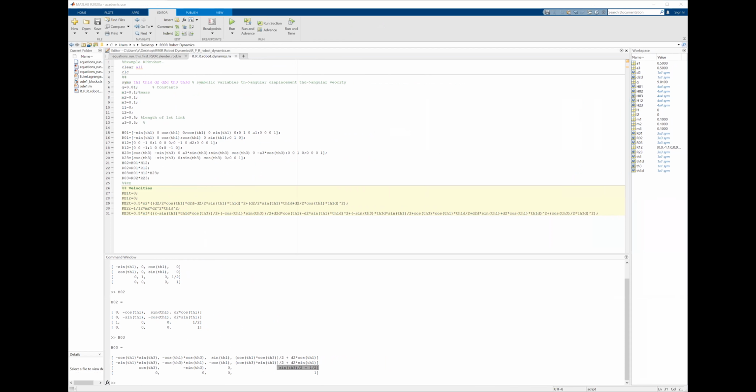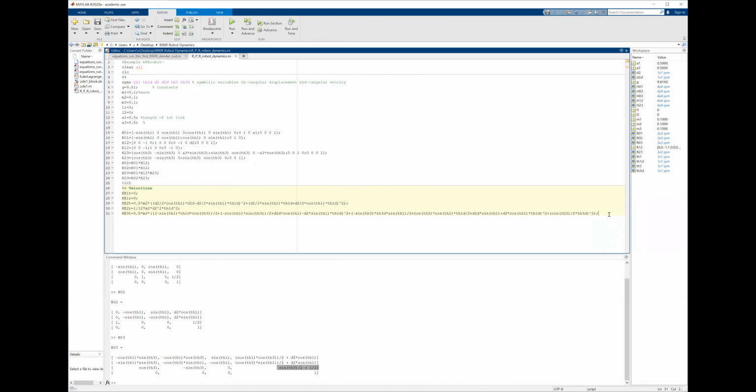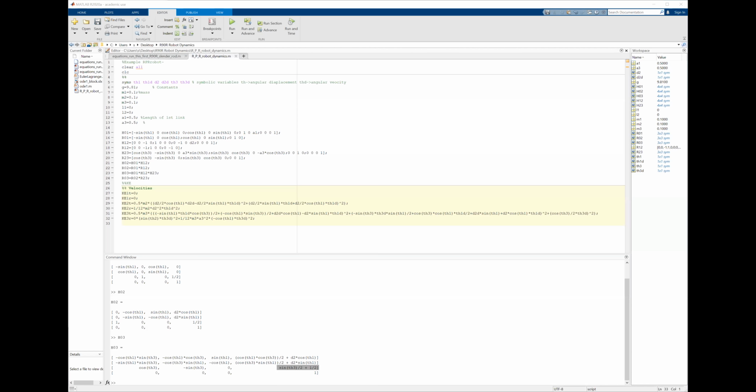And then the kinetic energy for the rotation of the last mass is going to be this expression. Then we will have the expressions for the potential energies.